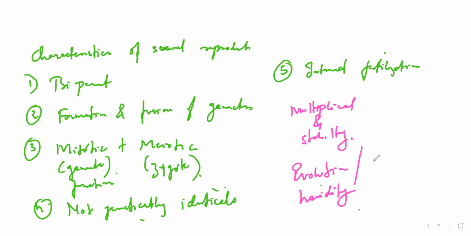Plus, you can also study the variations happening in your family, from the ancestors till now. If you study that family tree, you will understand the changes that take place in today's population of that particular species. For all this purpose, sexual reproduction is very important.